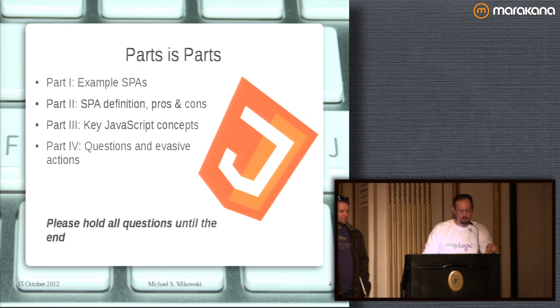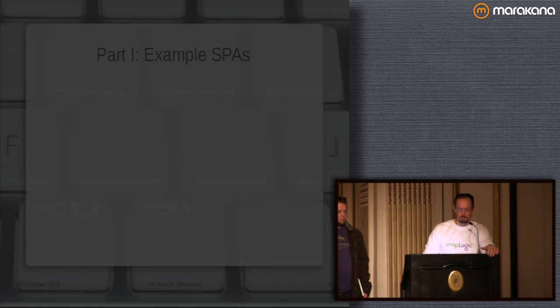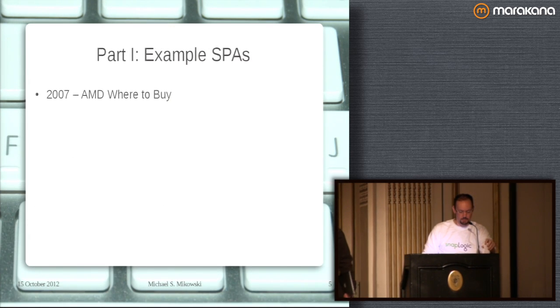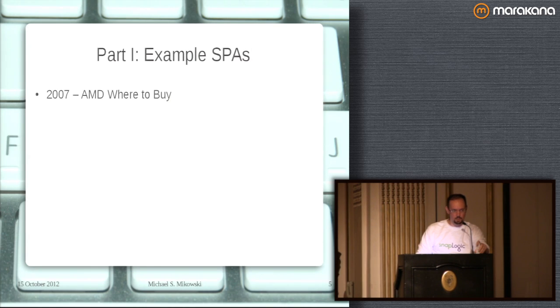That being said, let's talk about some example single-page applications. I'm going to show you the first one that I wrote back in 2007, which was for AMD's Where to Buy site. And by AMD, I mean the people that make chips, like the Sledgehammer, AMD 64, those guys.